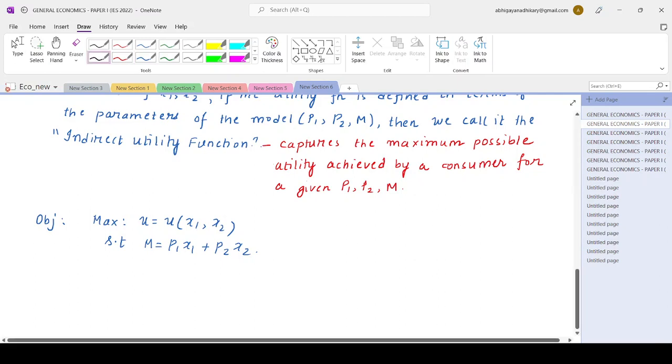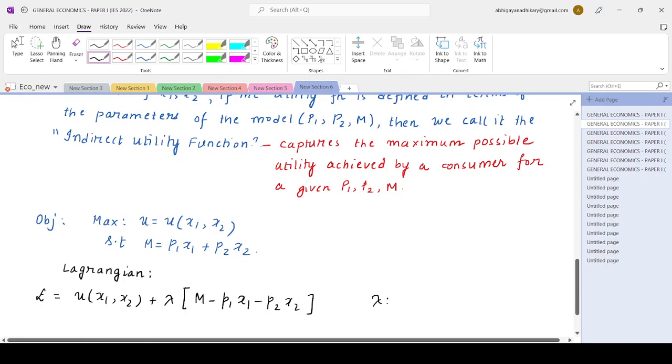We can go for the direct Lagrangian. The Lagrangian is set up as U of x1, x2 plus lambda times M minus P1 x1 minus P2 x2, where lambda is known as the Lagrange multiplier.